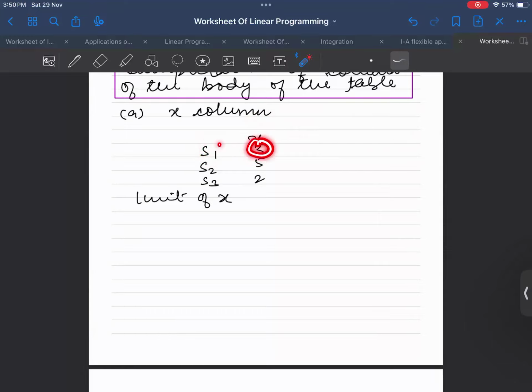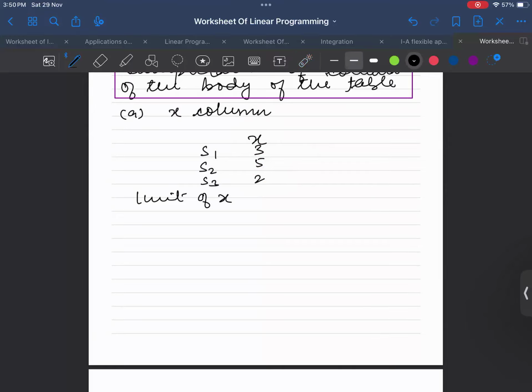Naturally, if we take one, then 3 will go. In the same way, 1 unit of x will sacrifice 5 units of S2 and 2 units of S3.